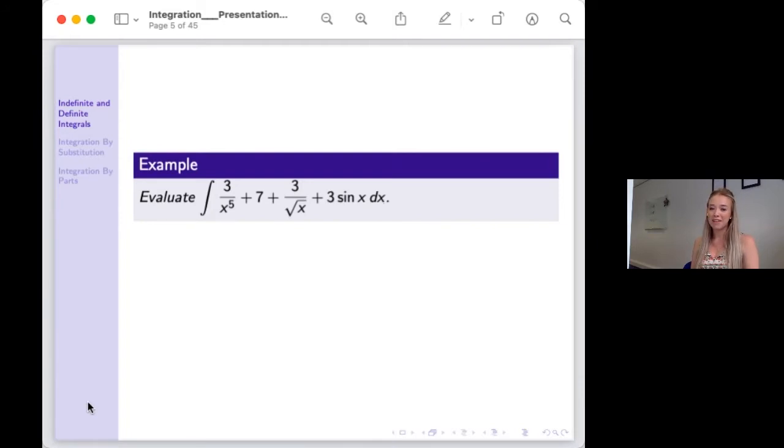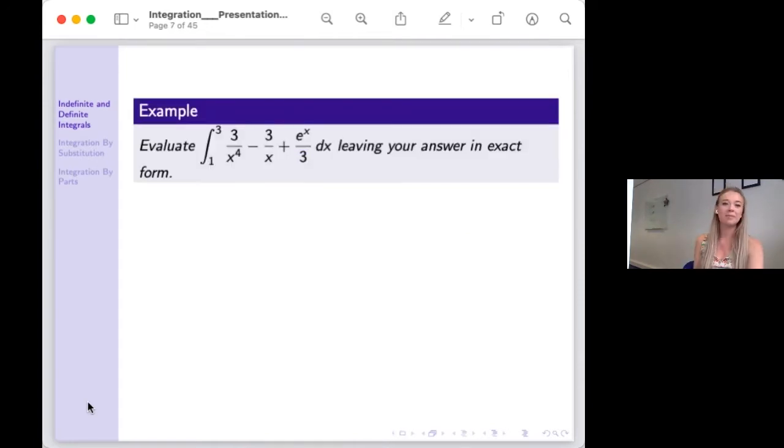Same with the 3 over the square root of x. We can rewrite that as 3x to the minus a half, and then it's exactly the same. So you should get that for that second one, and then obviously remember your plus c on the end too. So they were my first nice 2 examples.